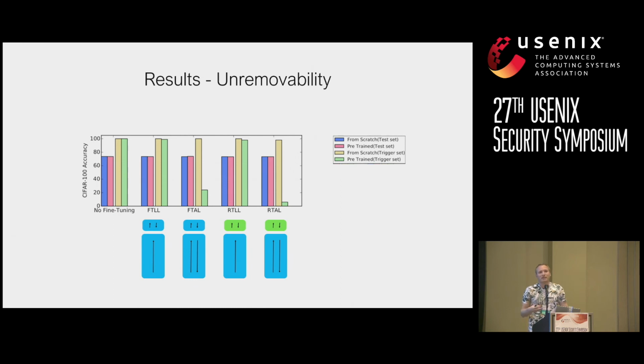This was kind of unexpected for us, because at the same time, if you embed the watermark during the training, it just stays there. It's the yellow bar on the left side of it. It's not bothered at all, and we are having some discussions about why this is the case, but it's interesting to see.